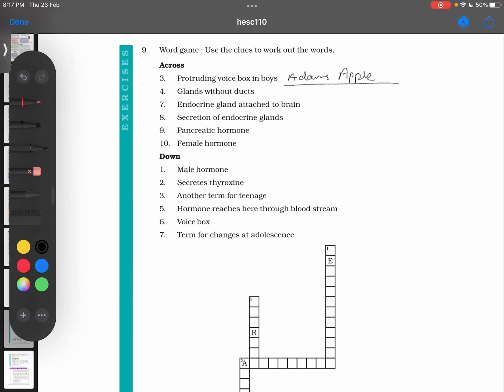Okay. Next one. A gland without duct. Did you read the chapter even once or twice? Sir, I've revised it once. Okay.